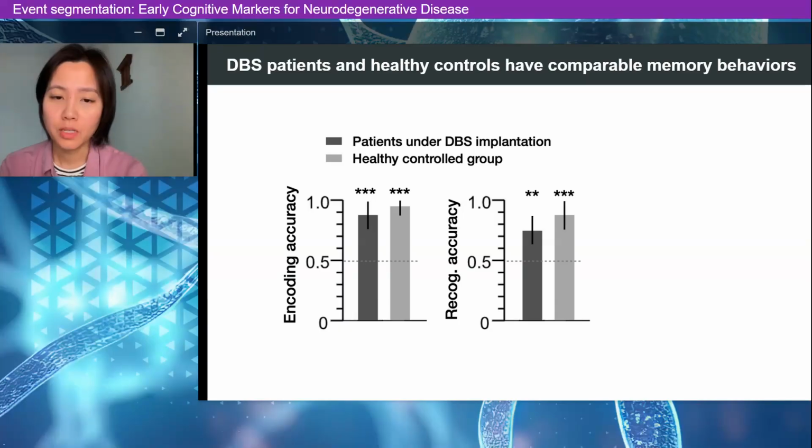So in both groups, we can see that they have above chance level encoding accuracy and also recognition accuracy. Even though the patients undergoing DBS implants have slightly lower recognition accuracy compared to the healthy control group, it's still way above the chance level, which is 0.5 here.